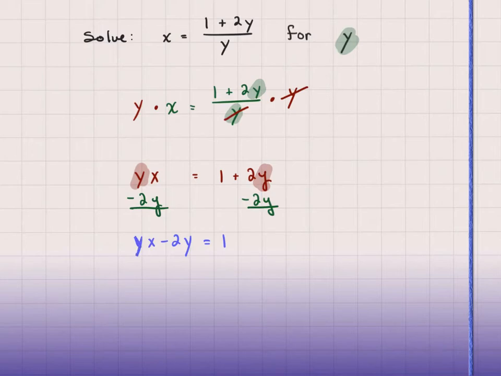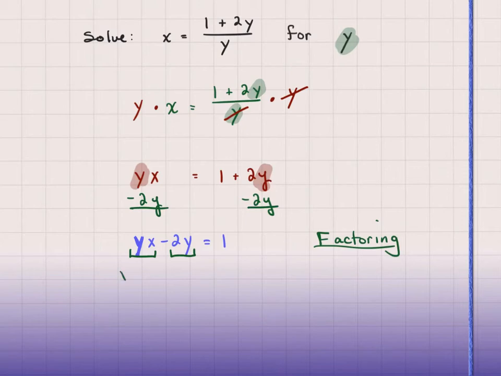Now this is a tough problem because we're going to pull out a tool you haven't used since the end of Algebra 1, which is called factoring. And in this case, because this first term has a y, this second term has a y in it, I can do what's called factoring, which is essentially the opposite of distributing.